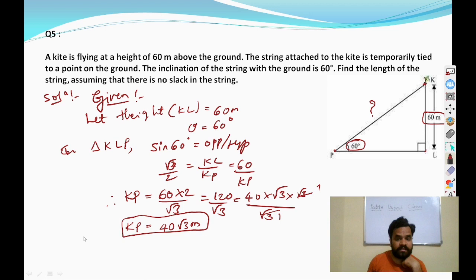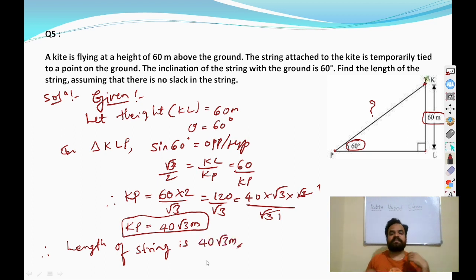What is this KP? Therefore KP is what? Length of string is 40 root 3 meter. This is the conclusion of the problem. Am I clear? So all of you please note down the solution of fifth problem. Now we will go for question number 6.